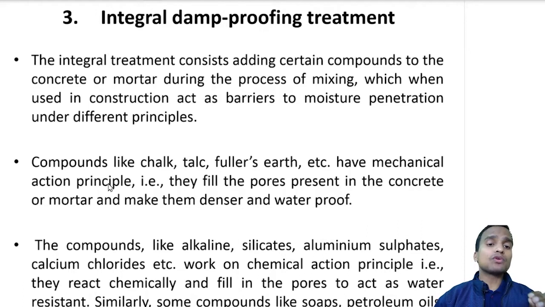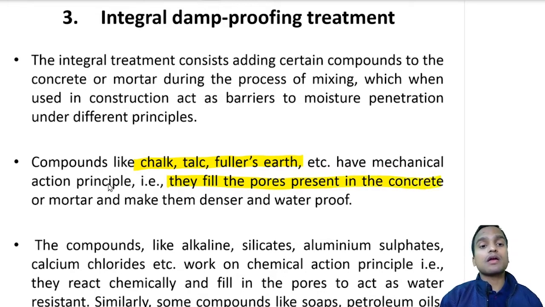There are a few compounds which are very important, and you can remember them: chalk, talc and fuller's earth have mechanical action principle, and they fill the pores present in the concrete or mortar and make them impervious, denser and waterproof. That's why it is called integral damp proofing, meaning in the cement, mortar or concrete itself you have added a few compounds integrally for damp proofing.